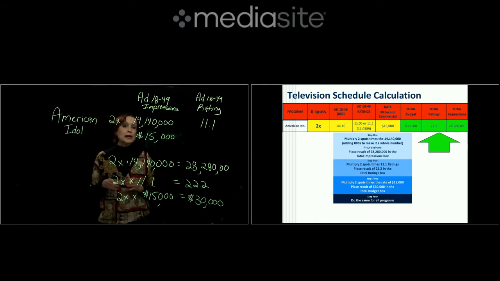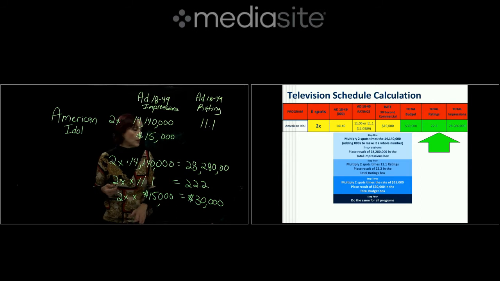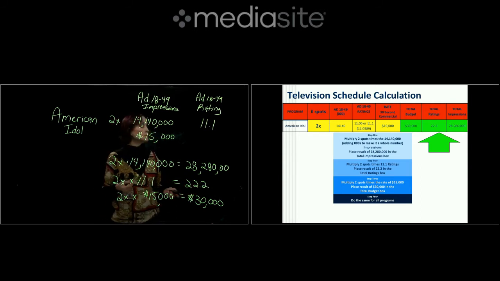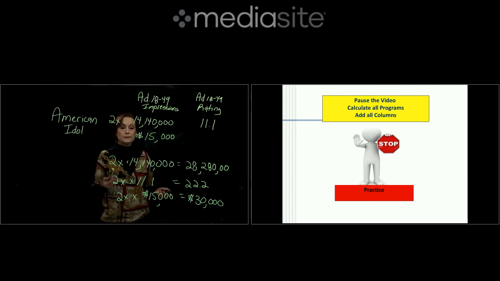So now here you place this total in the box across and under total money or total budget. Now you can do the same multiplication with the appropriate number of spots shown for each program. So maybe you can pause the video and do the math. Now let's go to the final step and add all the columns.